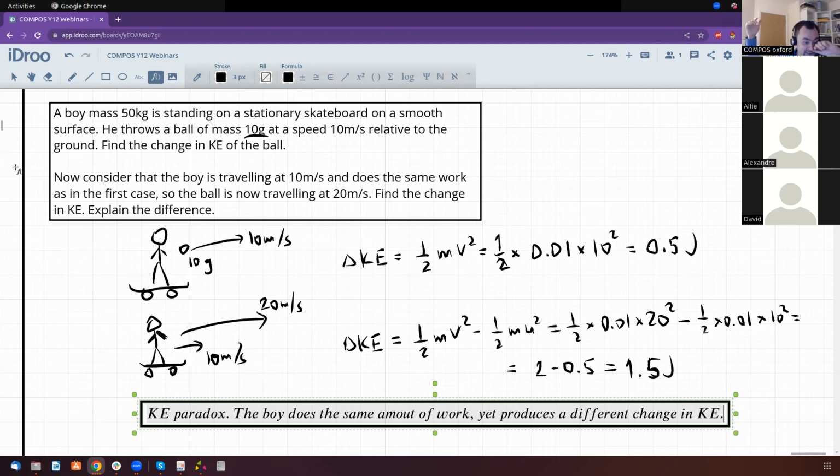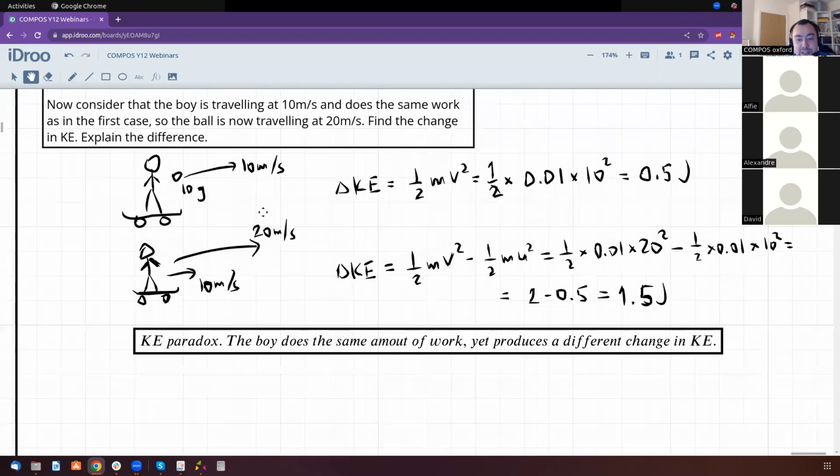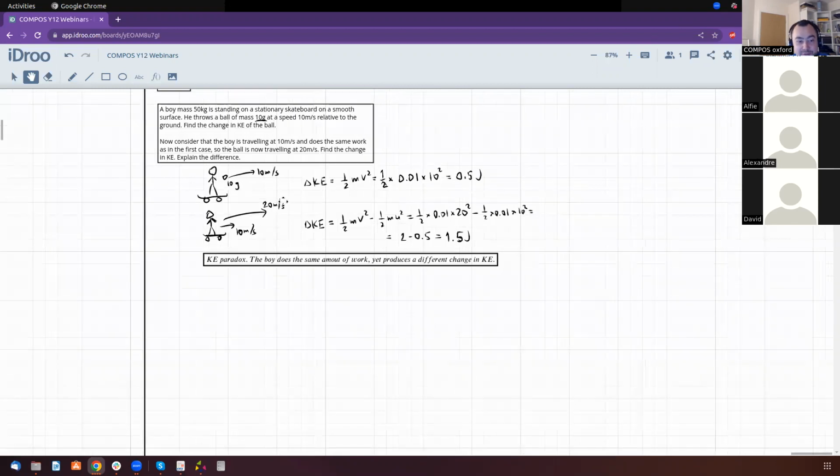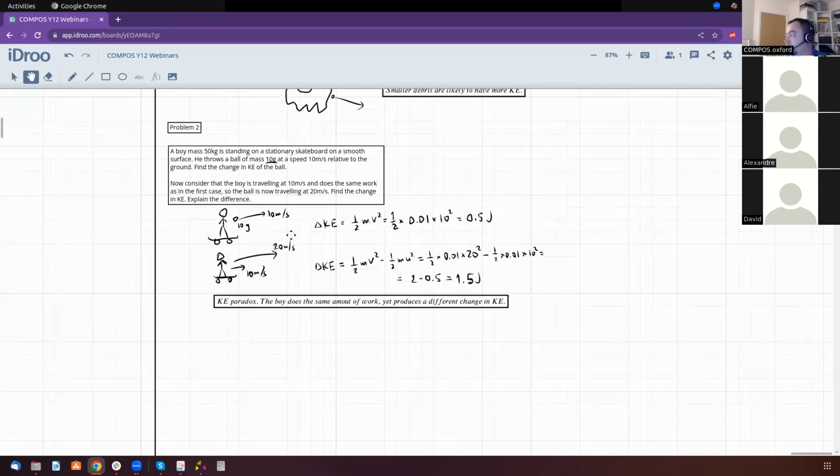So work, in fact, is not the same for a stationary observer. The boy does a different amount of work in both cases, and it has to be like that. So the amount of work done depends on the frame of reference you're looking from.